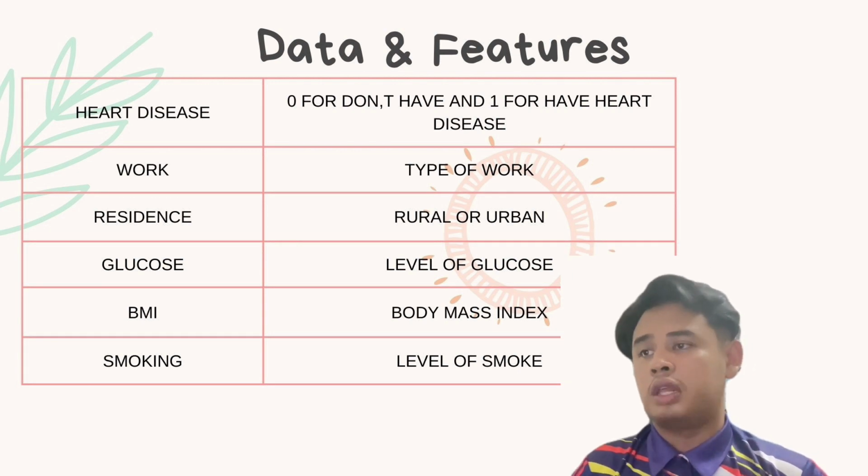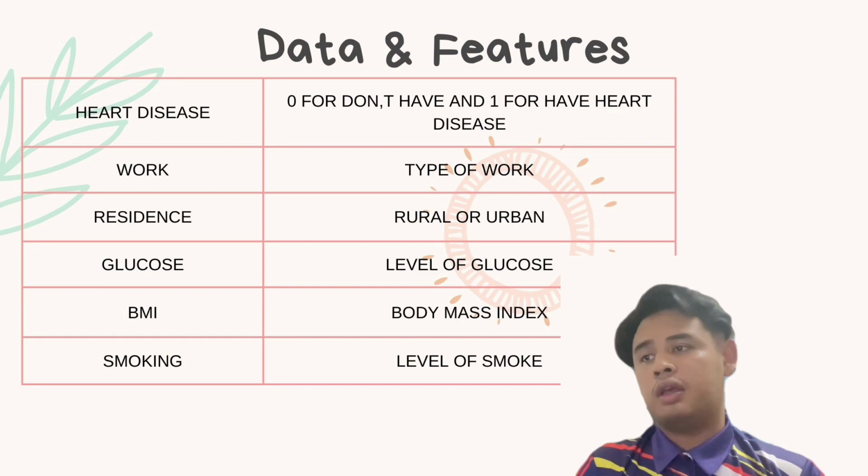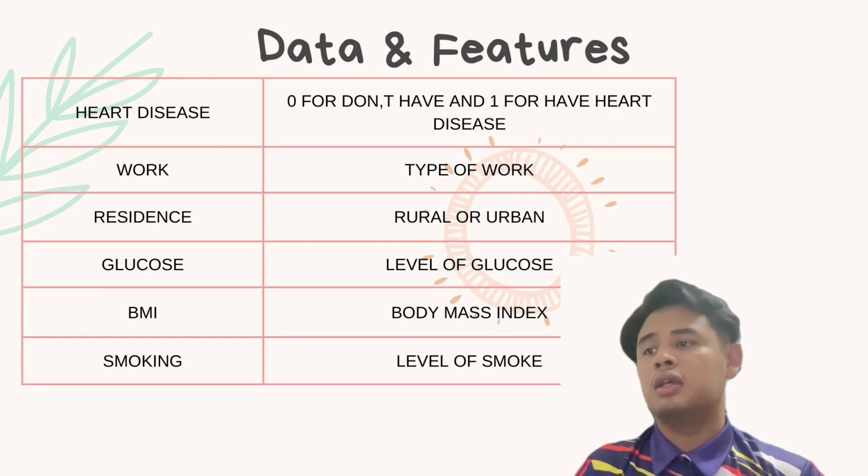We have type of work like children, government job, never worked, private or self-employed. And then we have type of residence, rural or urban, and we have average glucose for the level of glucose in blood. BMI for body mass index, and we have smoking status for formerly smoked, never smoked or smokes.